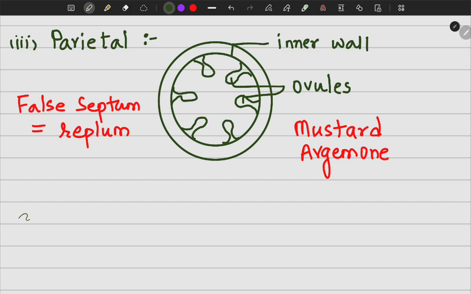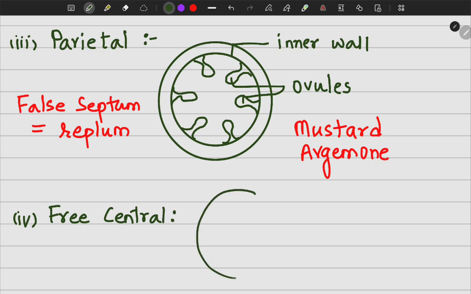Then the next type is called free central. In the free central type, the placenta is formed at the central axis and the ovules will be attached to it like this. All right, and there is no septa.